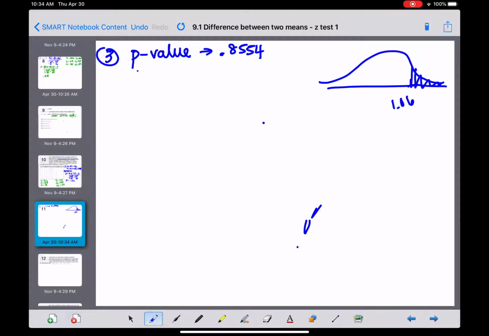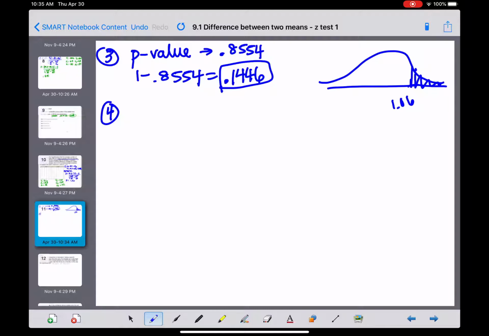But remember, I have to take 1 minus that because I want just the tail, and the table gives me the area to the left. So you could look up negative 1.06 to get the answer right away. This gives me 0.1446. So my p-value is 0.1446.